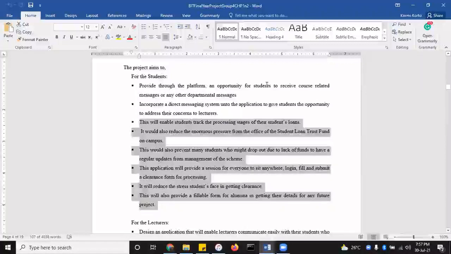I hope this is group 4. Group 4, are they here? This is Vincent and Solomon. Are they here? Vincent, are you here? Solomon, are you here? You're not online. I met Solomon this afternoon on campus. We actually chatted for a little bit.